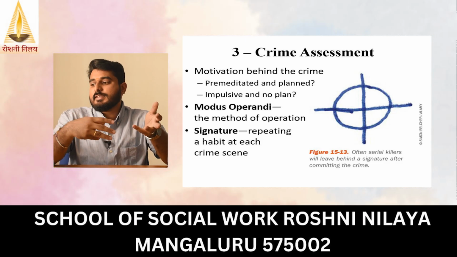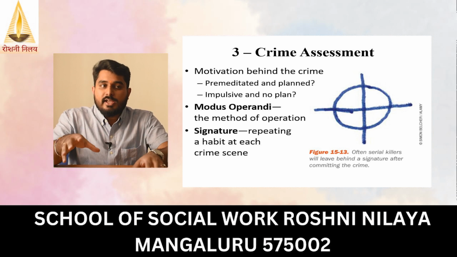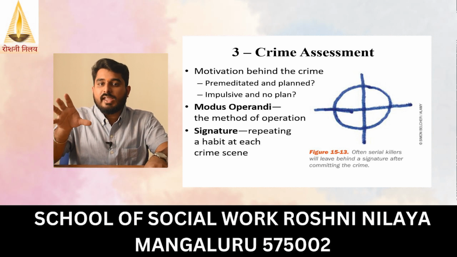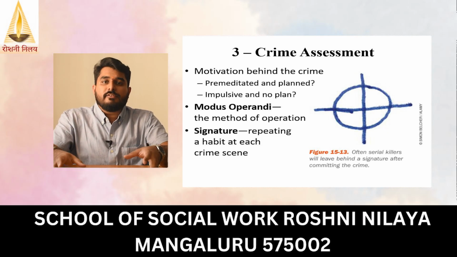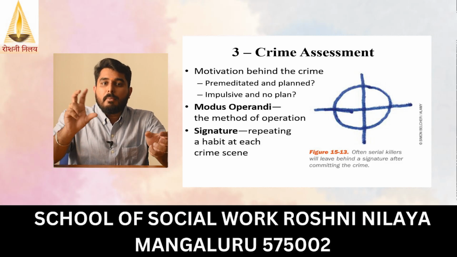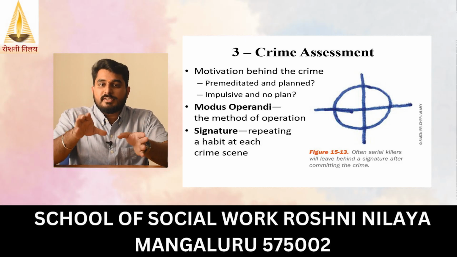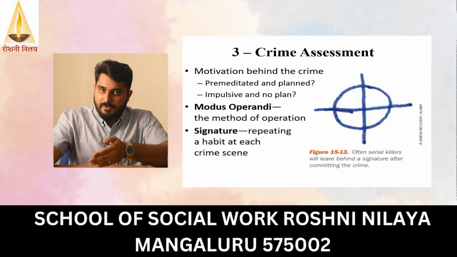The third point under crime assessment, which is very, very important, is signature. If it is a serial killing, then we can say that there will be a signature. Signature is nothing but a repeating habit at each crime scene. It will be like a criminal leaving a particular mark in the crime scene just to say that this crime is committed by that particular offender.